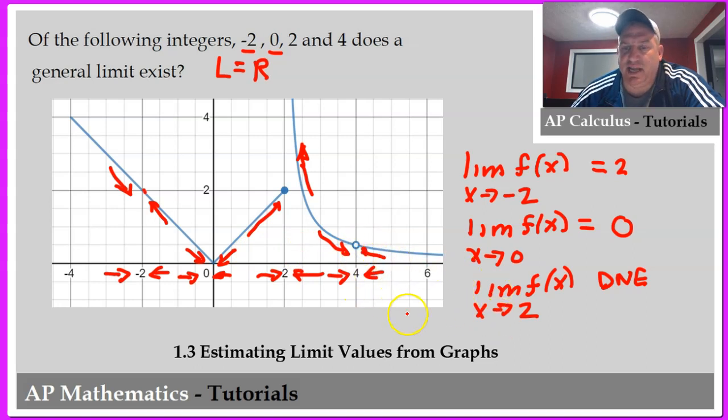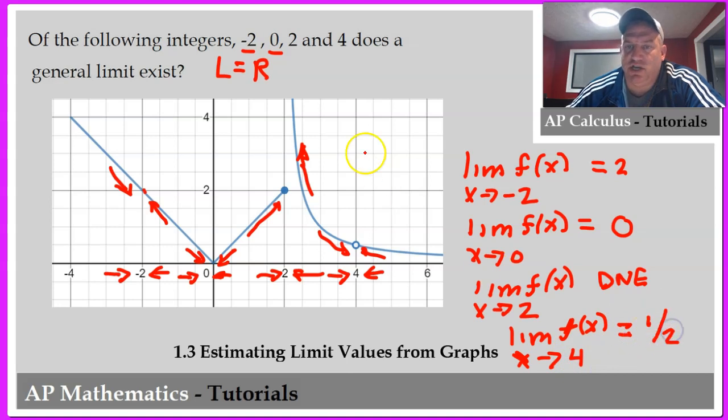So the left-hand limit and the right-hand limit both exist, therefore the limit of f of x as x approaches the number 4 in general, left and right, does exist, and it equals 1/2. So of the 4 integers that we're looking at, the general limit does exist at -2, 0, and at 4, but not at 2.